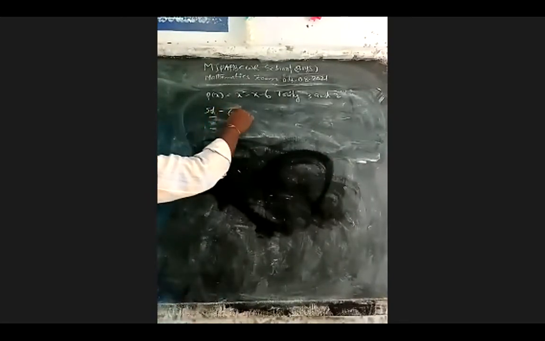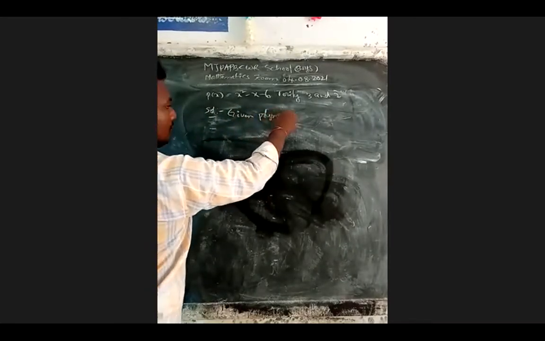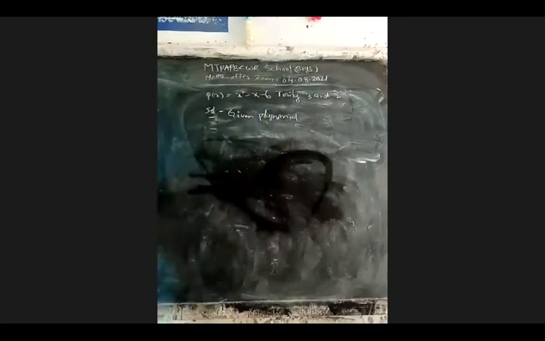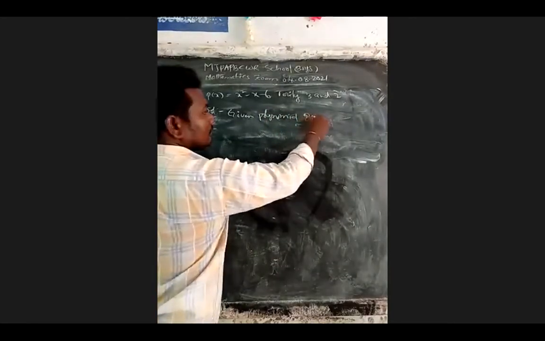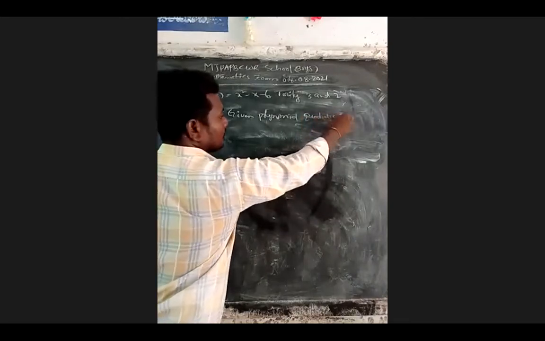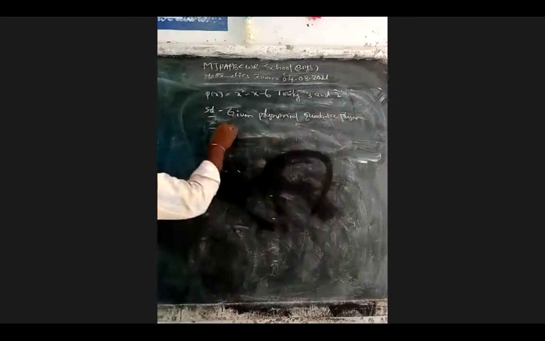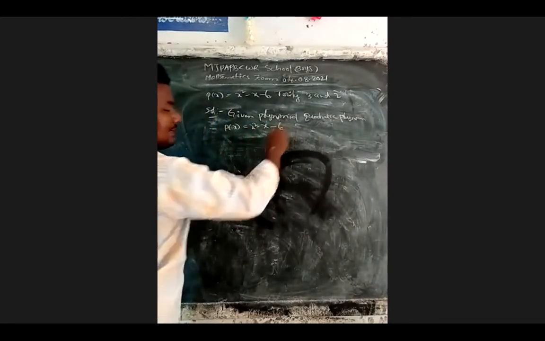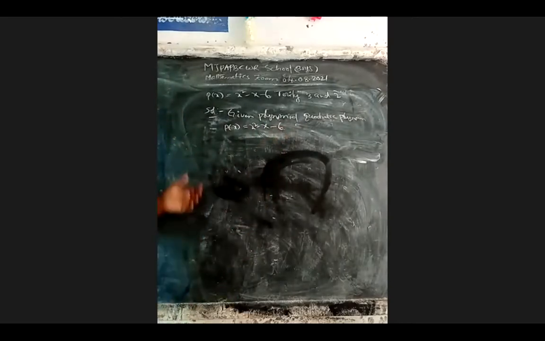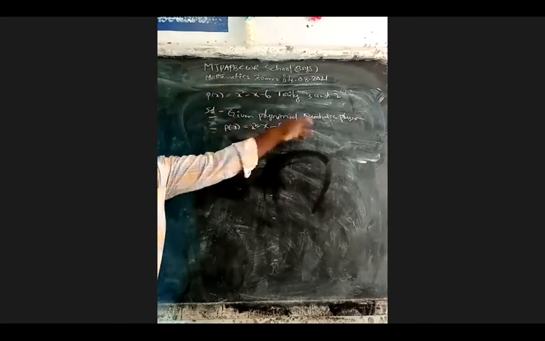Given polynomial is a quadratic polynomial. That is p of x equals x square minus x minus 6. The degree of the polynomial is 2. We already know that. That is the quadratic polynomial.